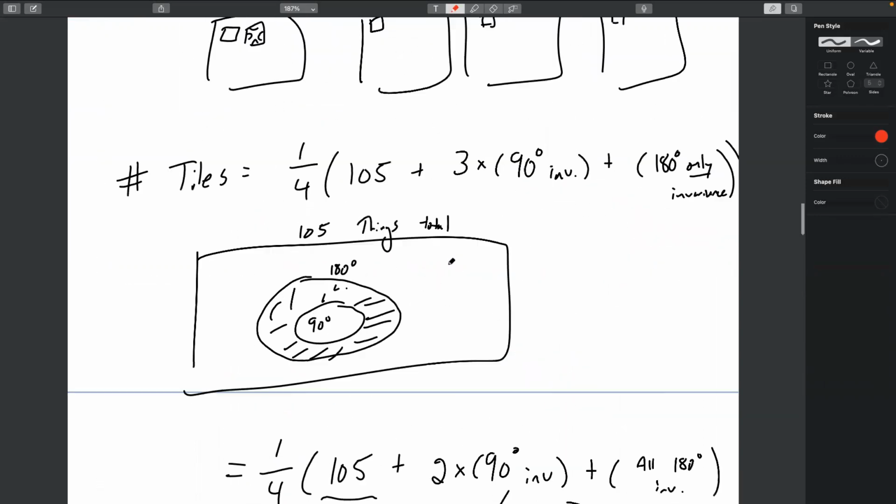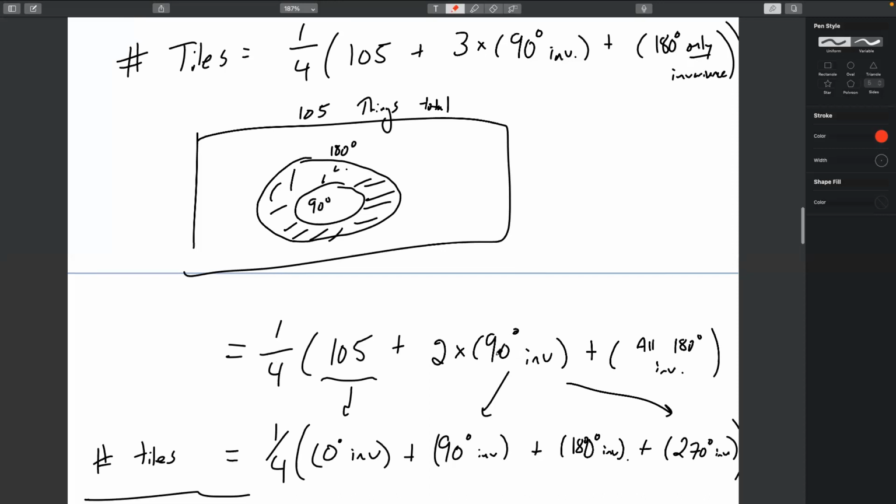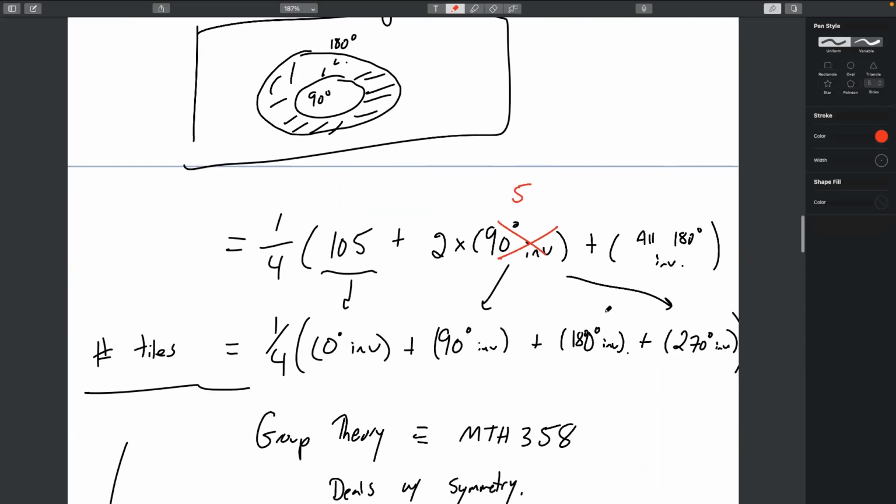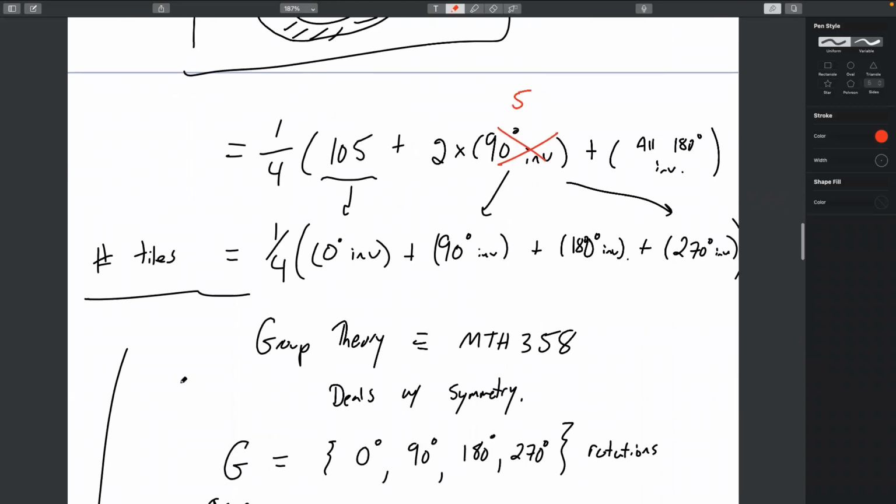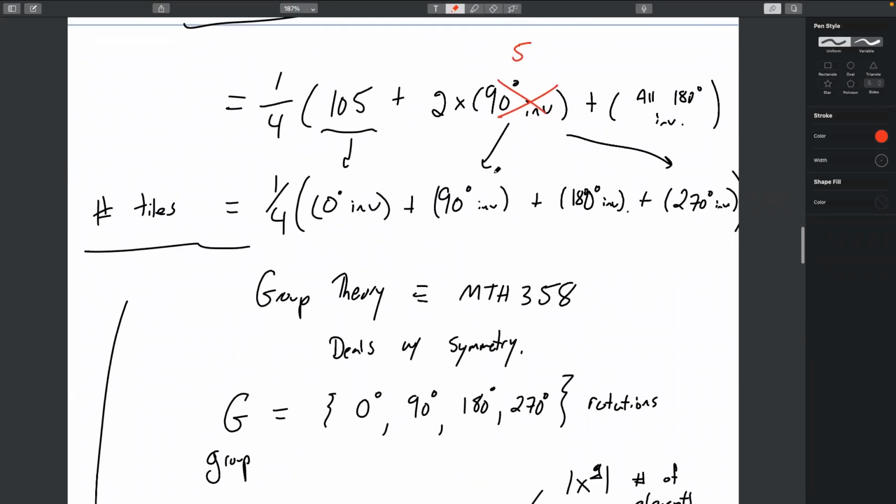So in this initial formula that we had here, I'm just going to replace this with the number 5. In this formula, when I've split it up into the 90 and the 270 for Burnside's lemma, I'd be putting a 5 here and a 5 here, but that's 2 times 5 or 5 plus 5, same deal. Formula is still good either way.